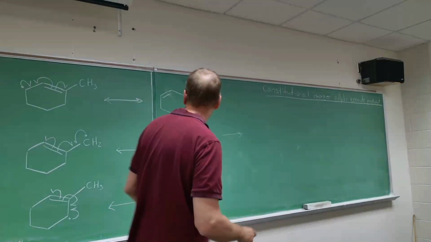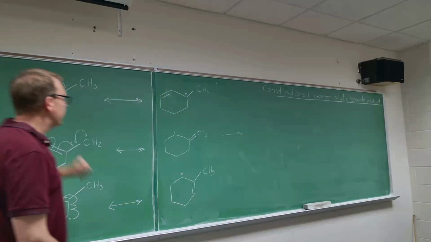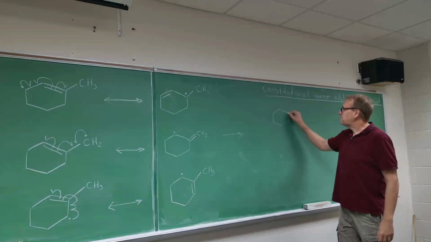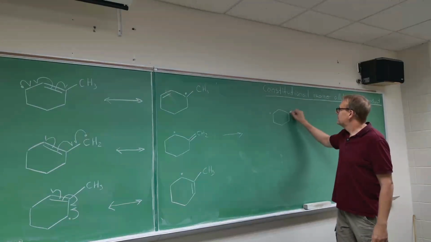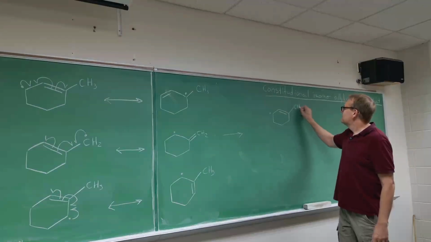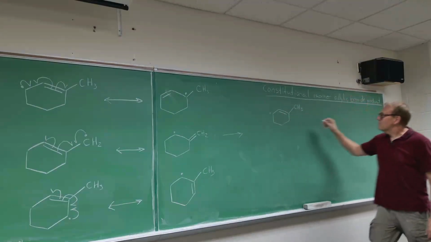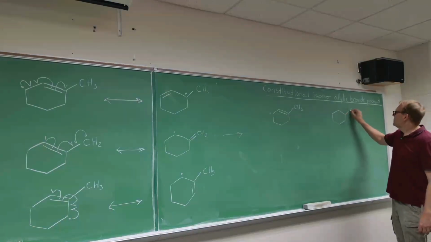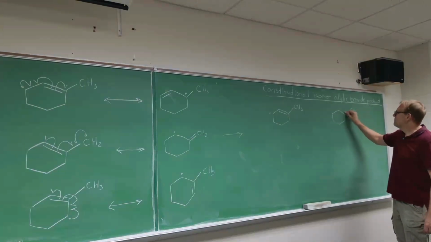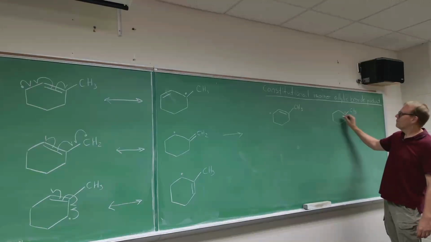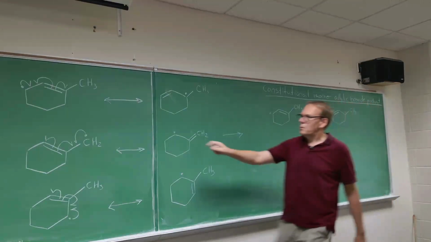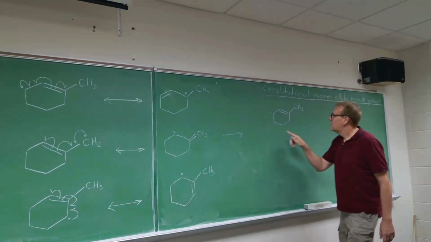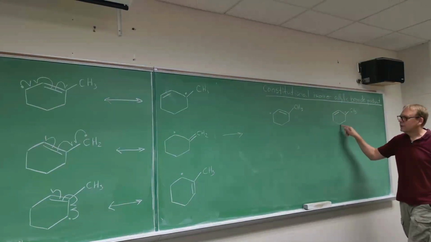Okay, well, let's just imagine what happens. I'm going to redraw these over here. This is just a recopying exercise at this point. So these are the upper two structures, copied from here and here over to here and here.